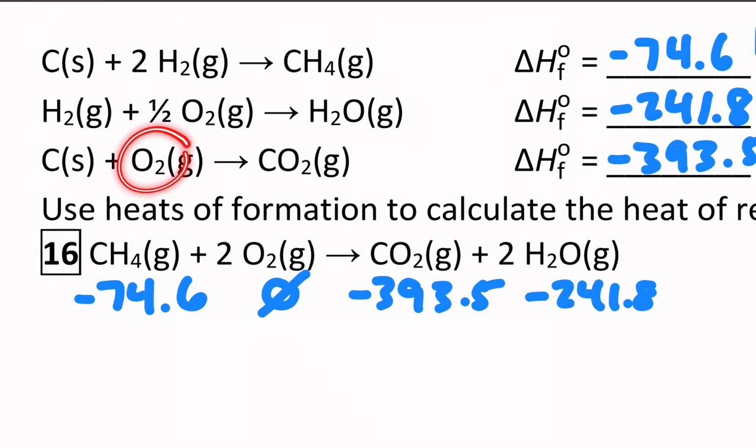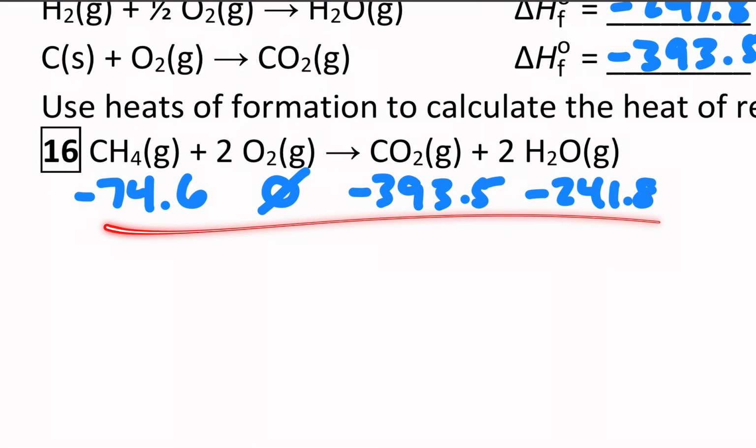You can't form an element in its standard state because the heat of formation is, by definition, a compound from an elemental form. So it doesn't take any energy, by definition, to form an element in its standard state. We're not talking about forming it from its subatomic particles. This is a definition that chemists use to manipulate compound formation values and get delta H's.